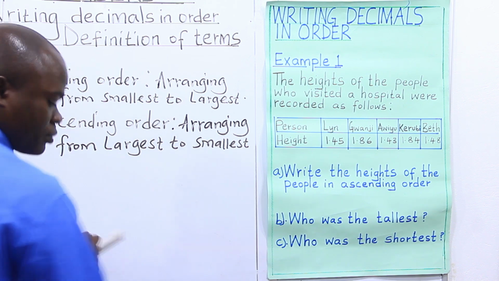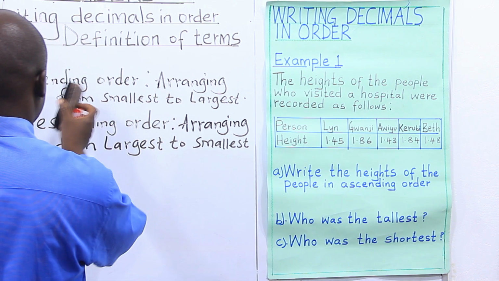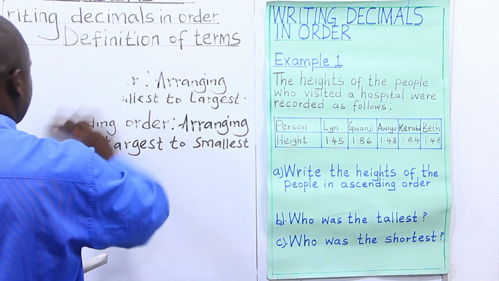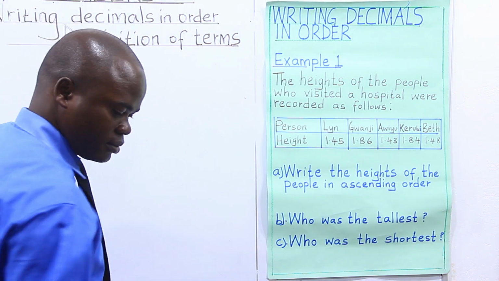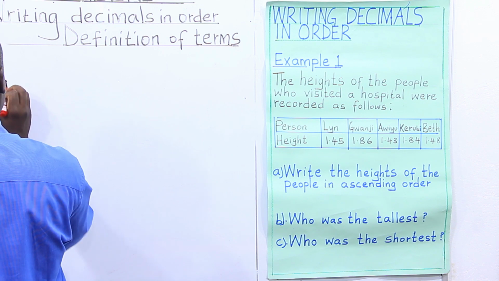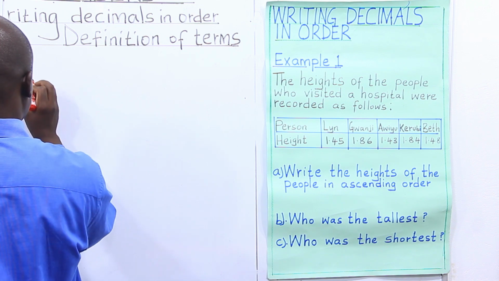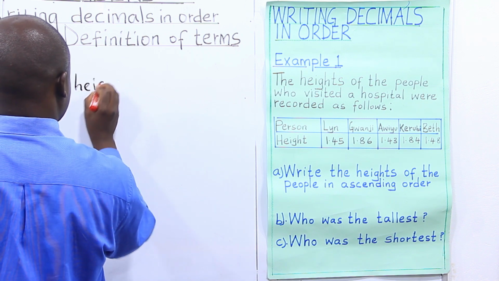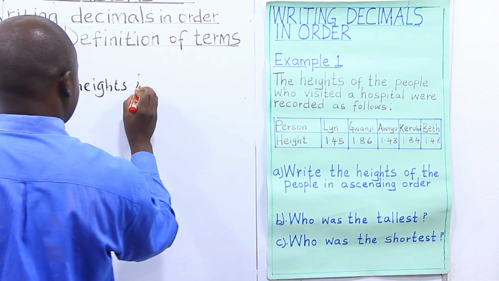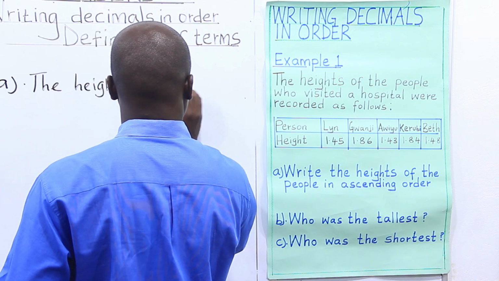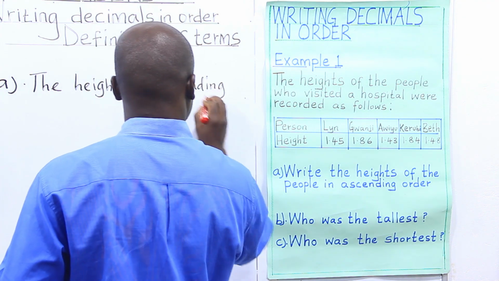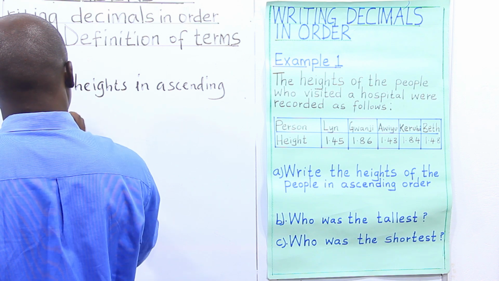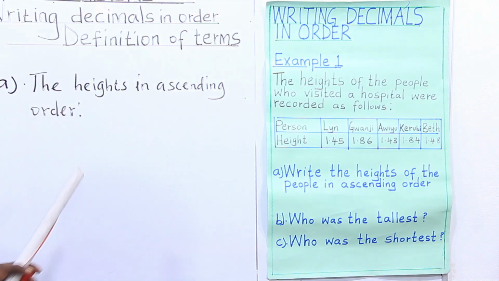So the heights in ascending order, we have the first person being Awiyu with 1.43.